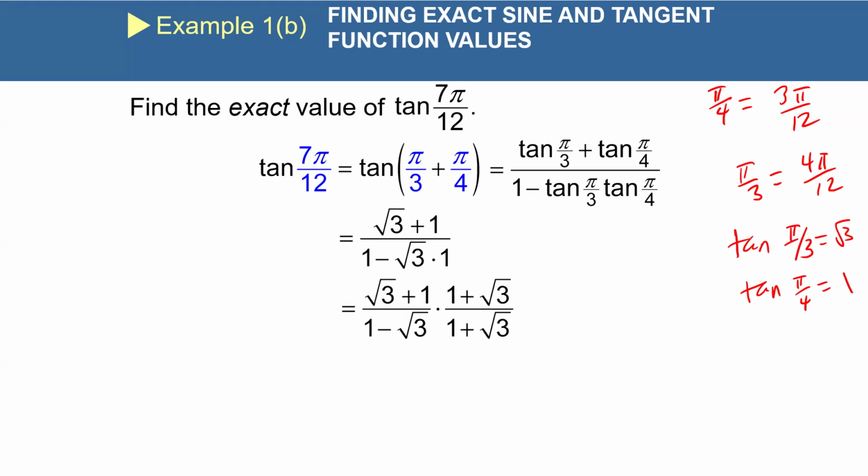Okay? So notice here, in order to simplify it, we have to rationalize our denominator. Rationalizing our denominator means we're doing the opposite of what's taking place. So in our denominator, we currently have 1 minus the square root of 3. To get rid of that, we're going to have to multiply the numerator and the denominator by 1 plus the square root of 3.